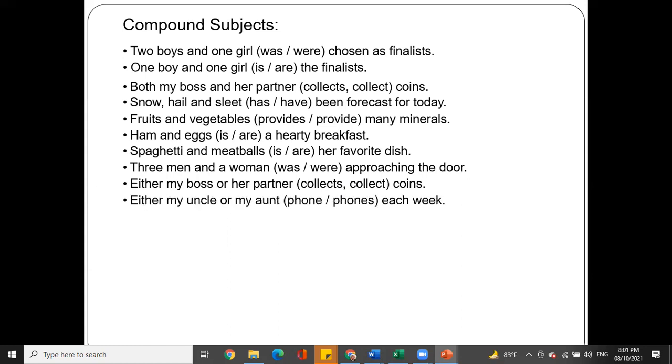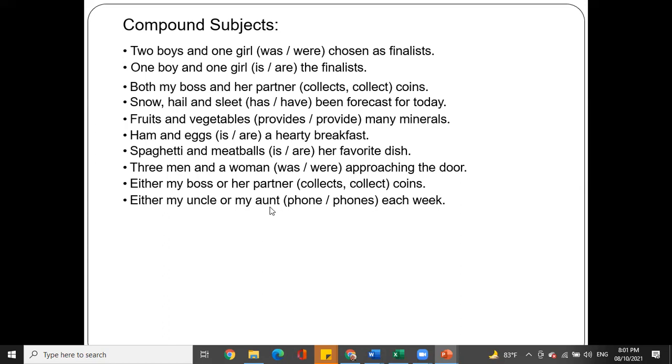Then, either my uncle or my aunt phones each week. So in an "or" conjunction, the subject nearest to the verb is the authentic subject, aunt.